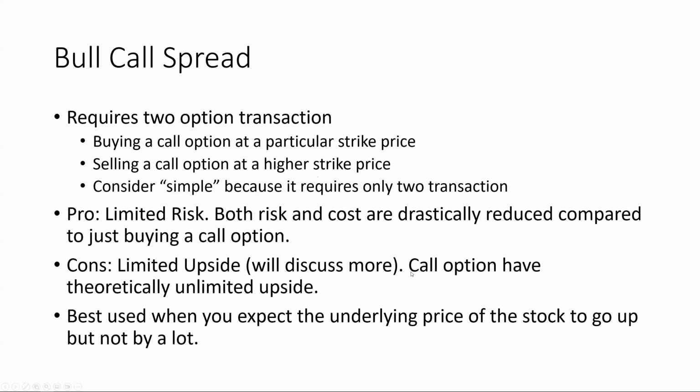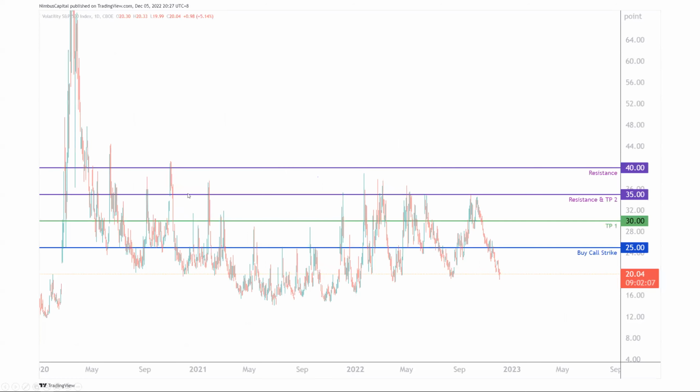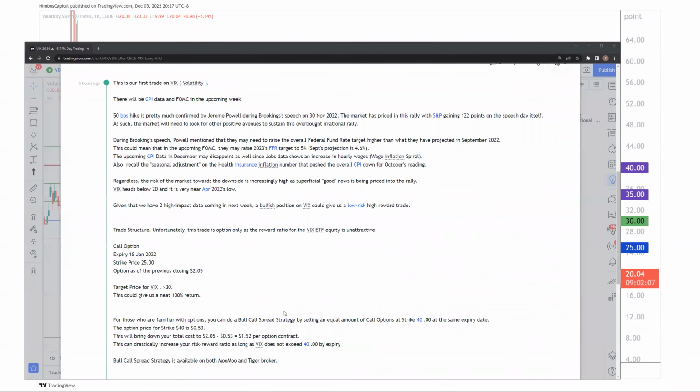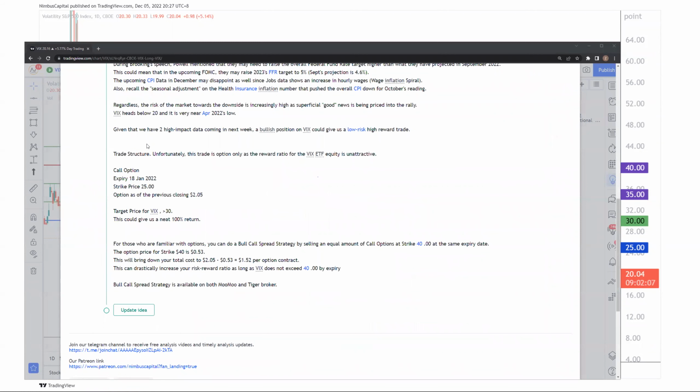So we are using this strategy on the VIX trade that I shared earlier today, trade number 66. If you have not taken a look at the trade yet, I do recommend you go and look at it. It is this particular one, the VIX trade. Here I have outlined the call option.